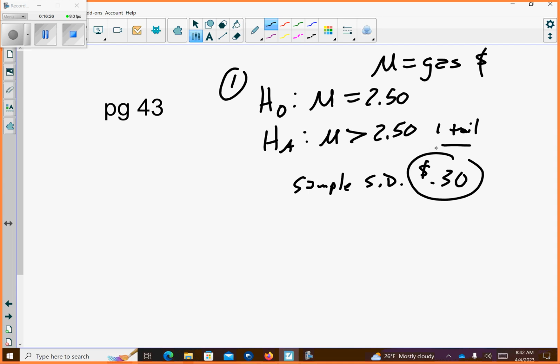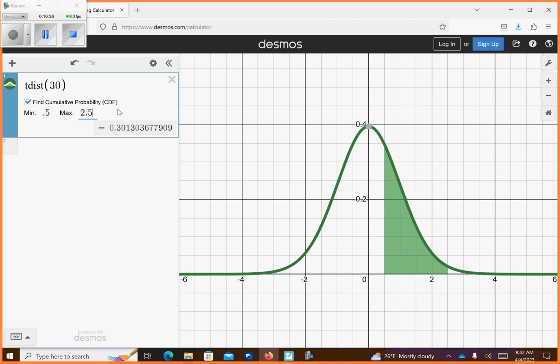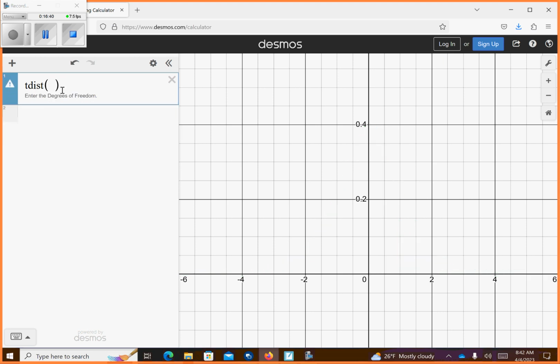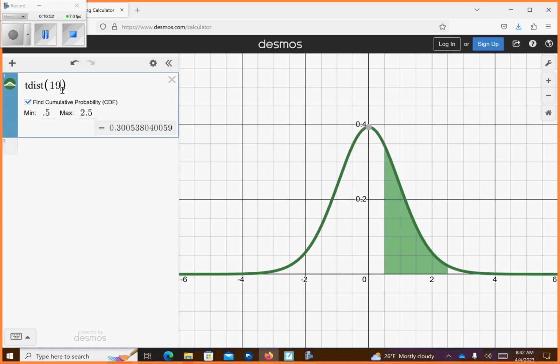Because we don't know the standard deviation of the entire population, but we know it for the sample, we have to use a t-distribution to make it work. Okay? So we're going to do a t-distribution. We use 20 gas stations. So if we're using 20 gas stations, what's my degrees of freedom then? How much? 19. Yeah, it's one less.